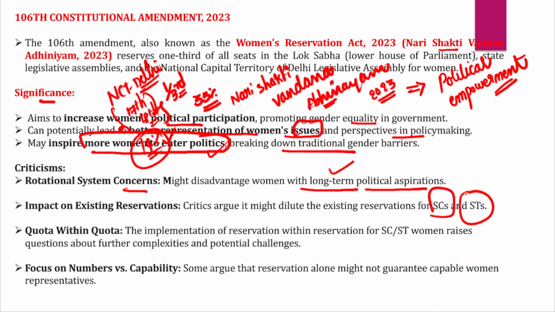It has also been criticized as a quota within quota, because the implementation of this constitutional amendment bill and reservation within reservation for Scheduled Caste and Scheduled Tribe women raises questions about further complexities and potential challenges in its implementation.